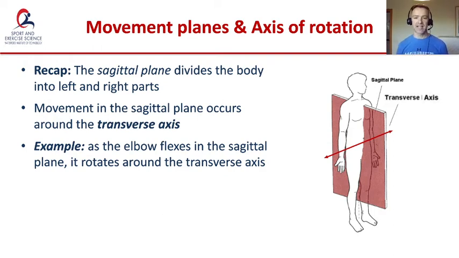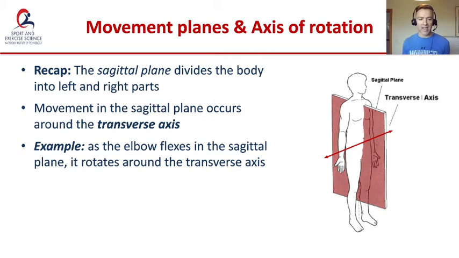Specifically, the mid-sagittal plane divides the body into equal left and right parts. Movement in the sagittal plane occurs around the transverse axis. So we said the transverse or horizontal plane is one that divides the body into upper and lower parts.